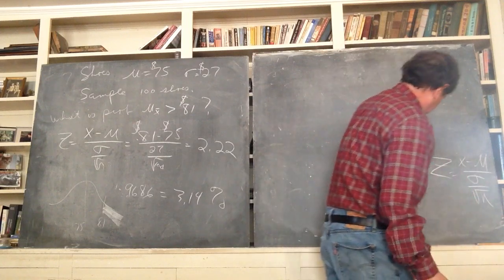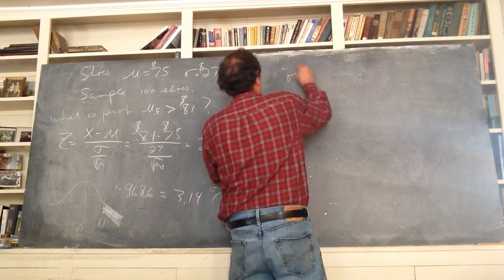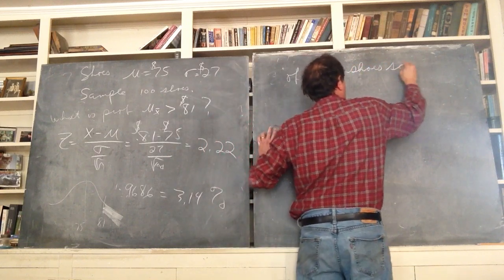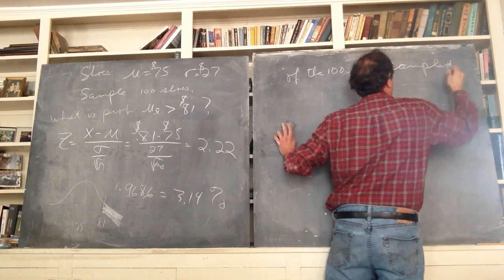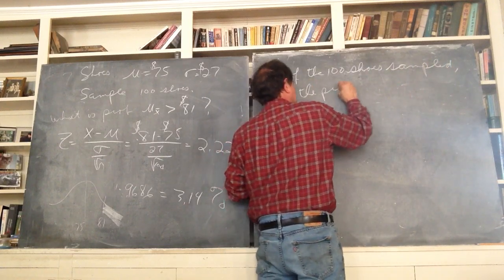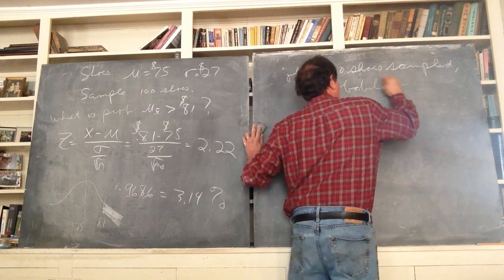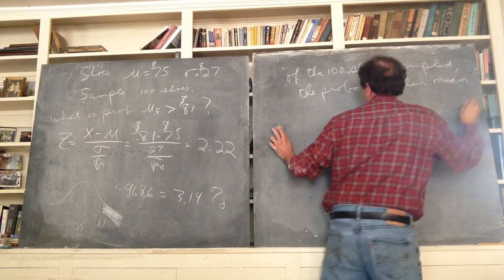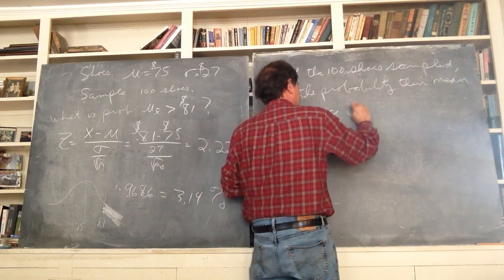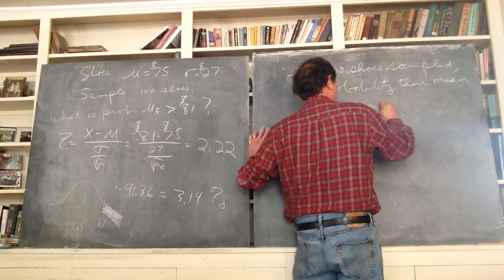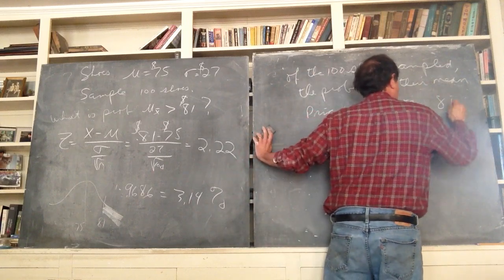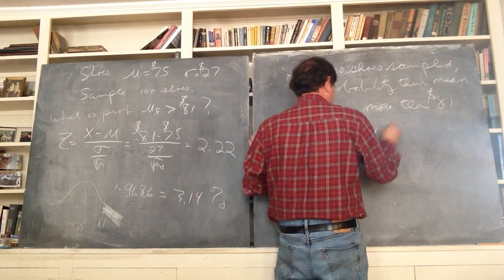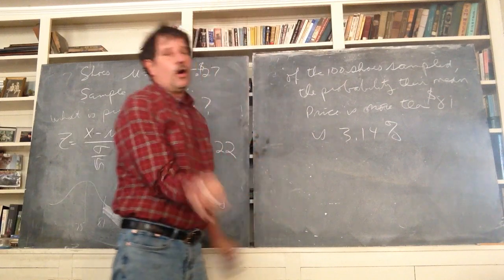Of the 100 shoes sampled, the probability that their mean price is more than $81 is 3.14%.